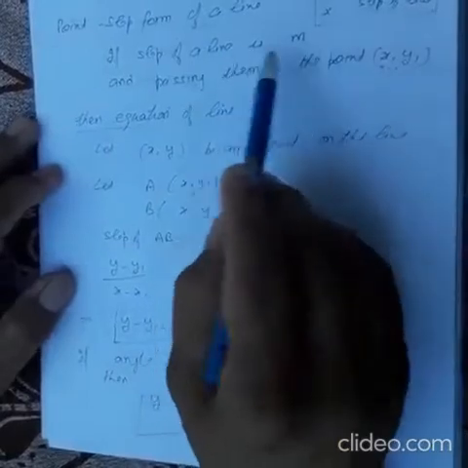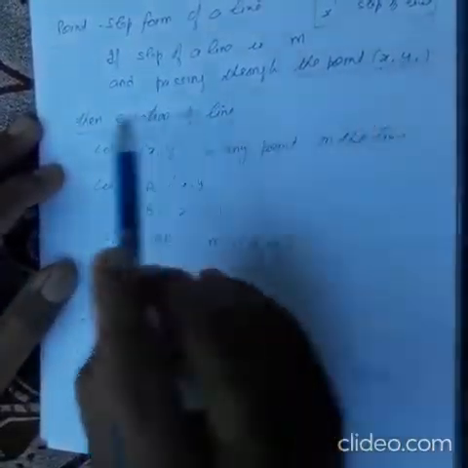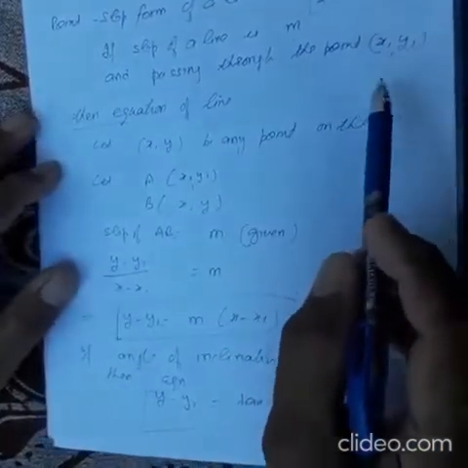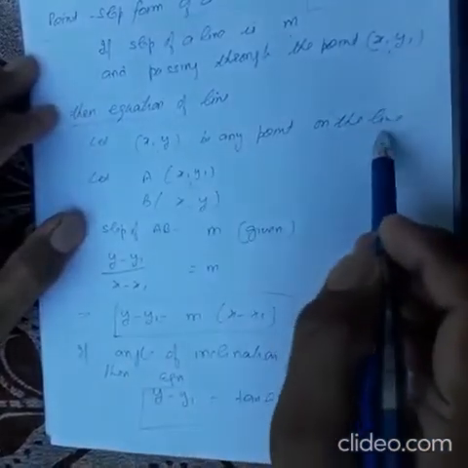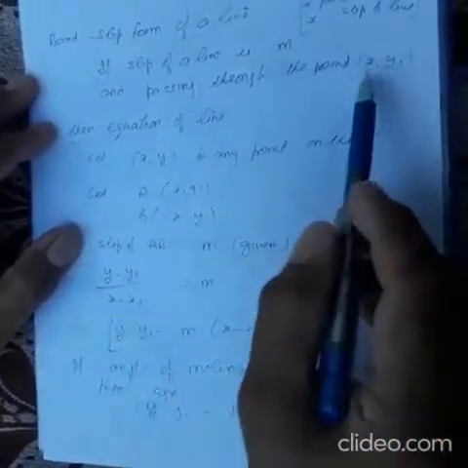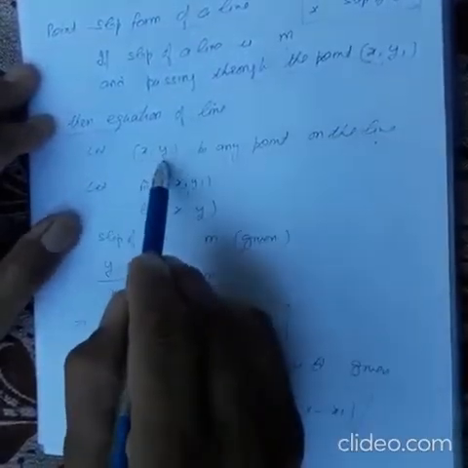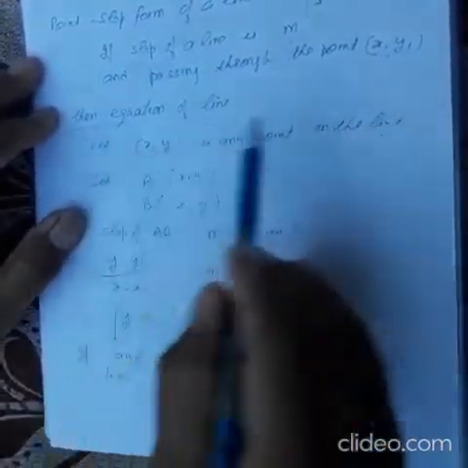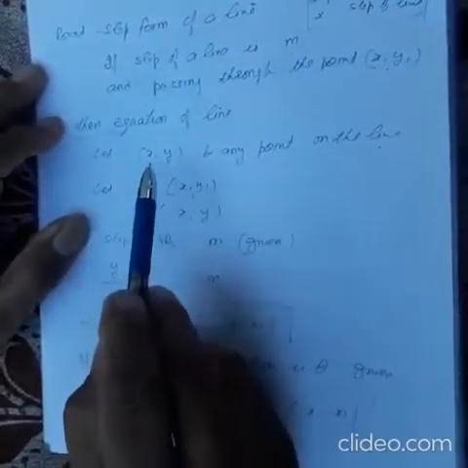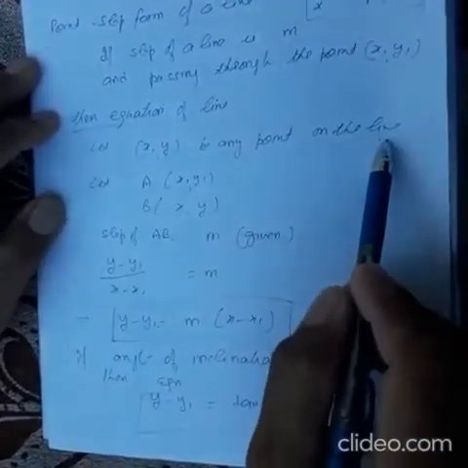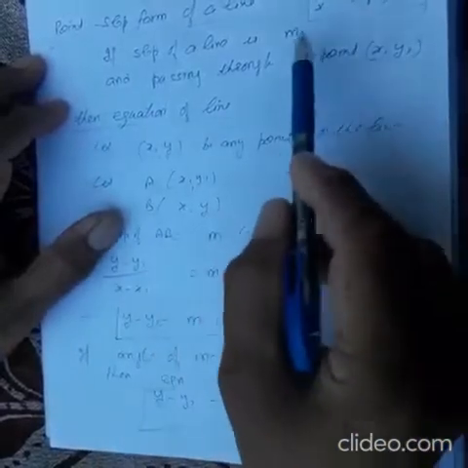So if the slope of the line is m and line passes through x1 y1, let xy be any other point on the line. x1 y1 is one point given. Second point we will take as xy, and the relation between x and y will be the required equation. Let xy be any point on the line. Then slope of AB we are given equal to m.